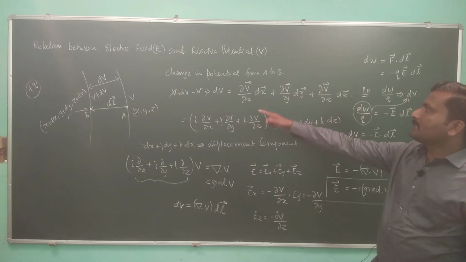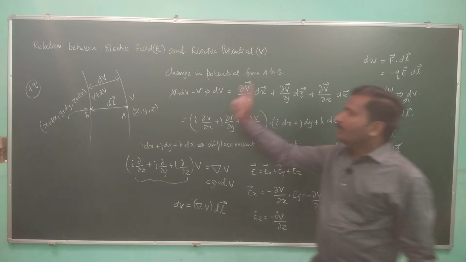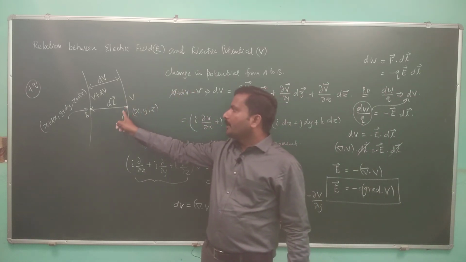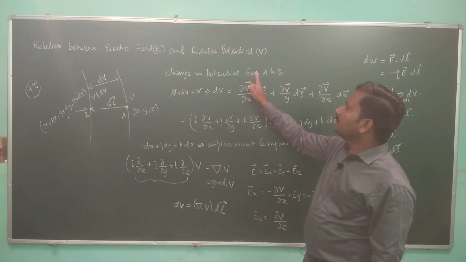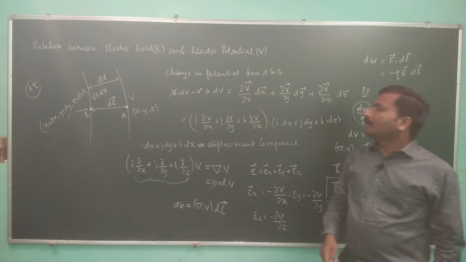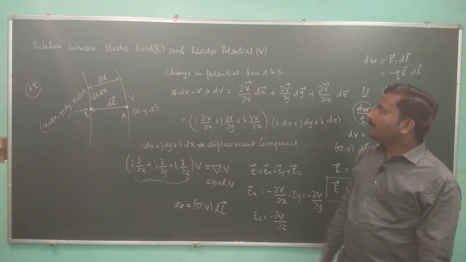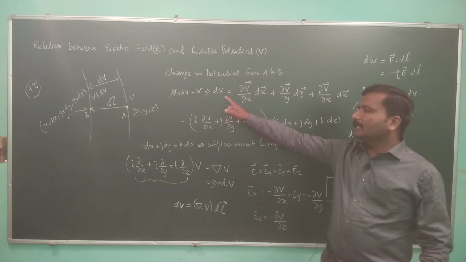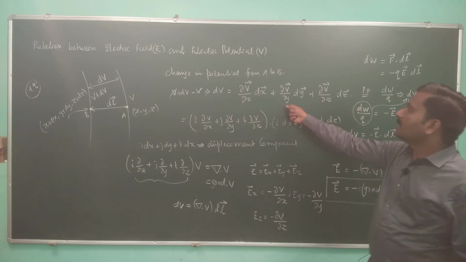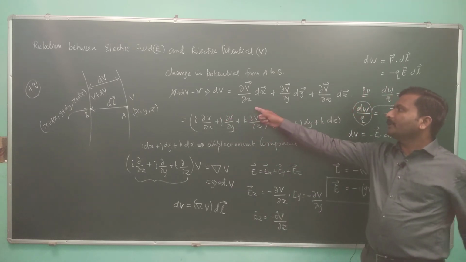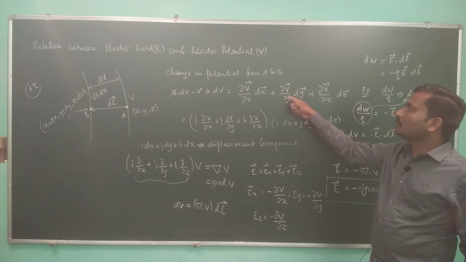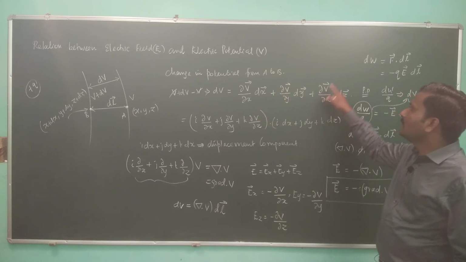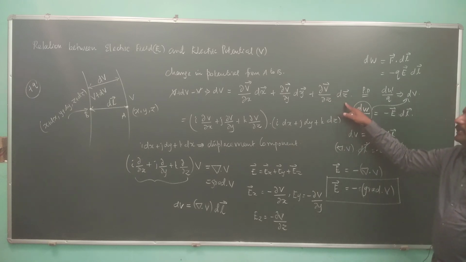Now we can write the change in potential when you move a test charge from point A to point B. The change in potential can be written as dV, in terms of dou V by dou x into dx plus dou V by dou y into dy plus dou V by dou z into dz.